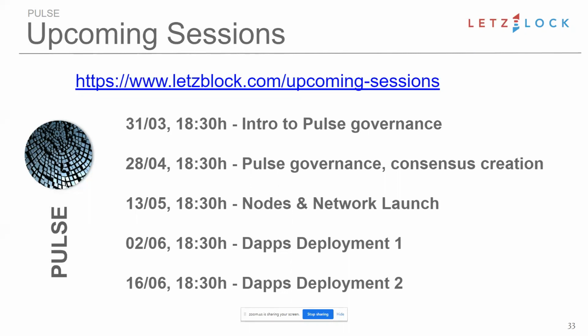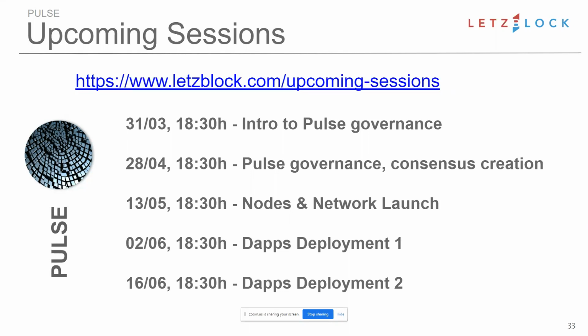We will have an introduction. Then on 28th of April, we'll talk again about Pulse governance, and then we'll try to find a consensus among the participants in order to determine the operational parameters and the governance parameters that we will be putting in place for the Pulse network and the Pulse nodes and the Pulse function.